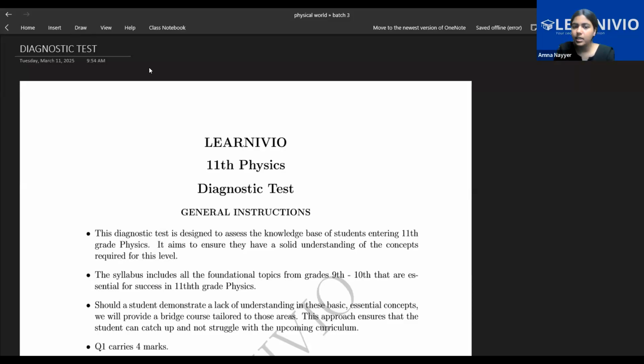Your class 11th and 12th will be very smooth if you have a very good base. So these questions are from your 9th and 10th, even 8th class, basic mathematics and science that are required for you to have knowledge of.